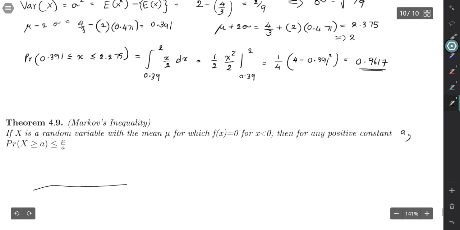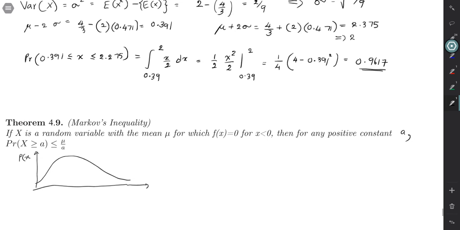So what does that mean? Here's our distribution, x and p(x). Let's take a certain value a here.